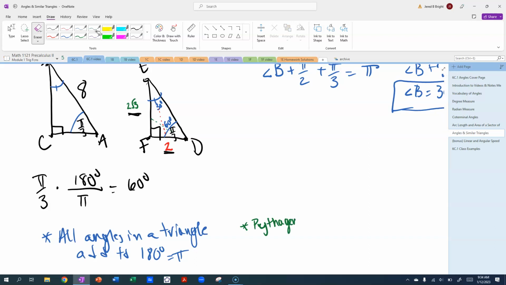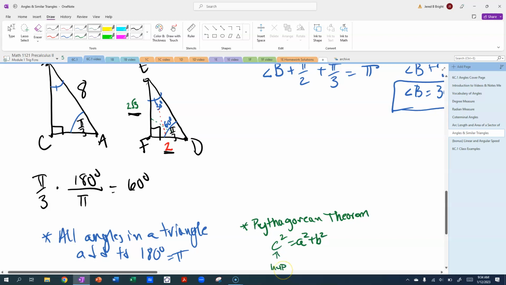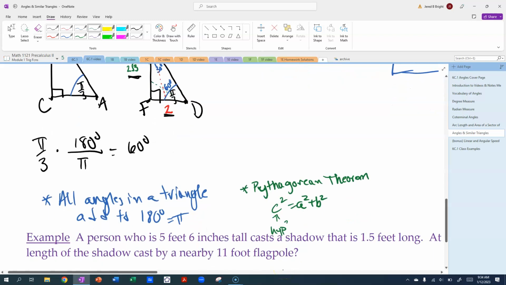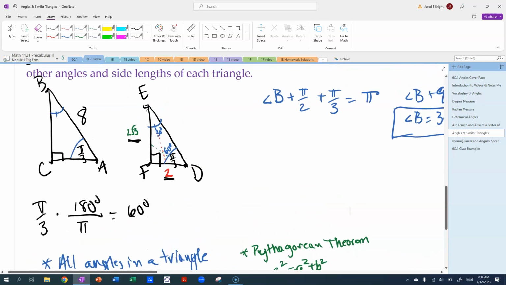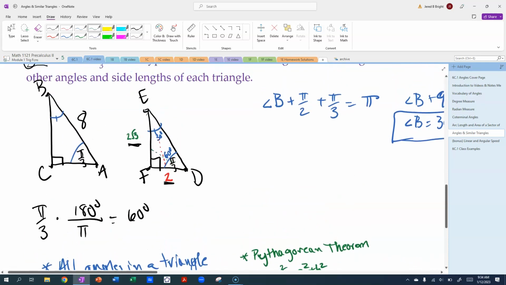You might remember this is c squared is equal to a squared plus b squared. So c squared is the hypotenuse: hypotenuse squared is equal to leg squared plus leg squared. And I'm going to use that fact in triangle DEF.